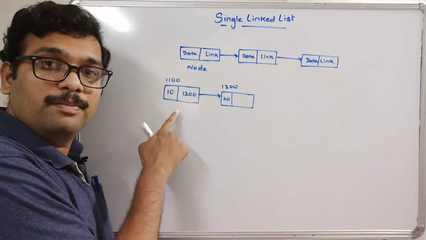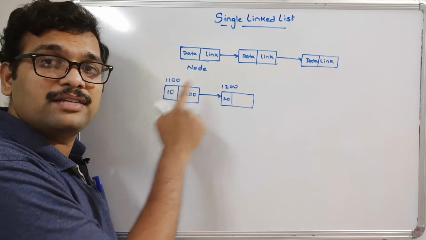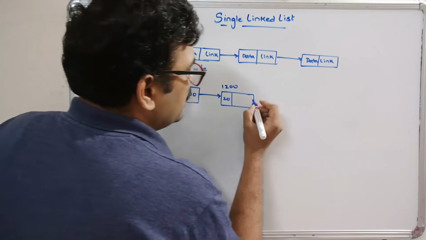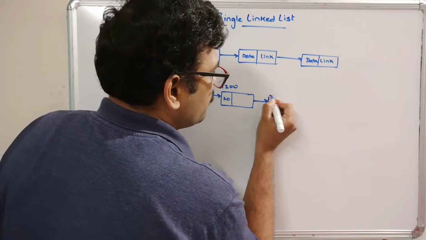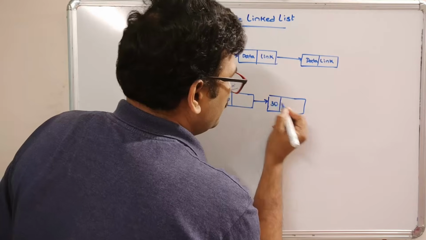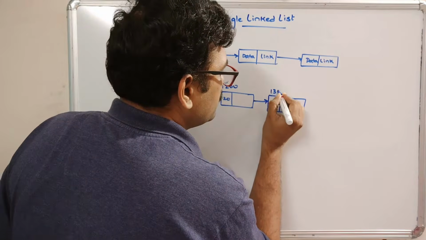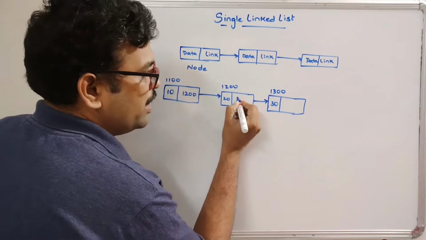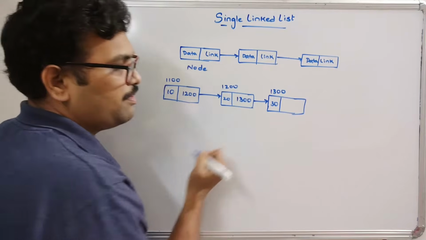So the current node will have the data and the address of the next node. Similarly, this node will point towards one more node with 30, and this node's address will be 1300, and that will be placed here itself.